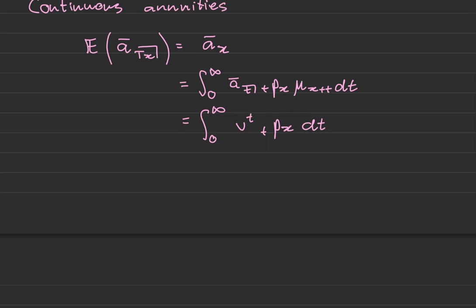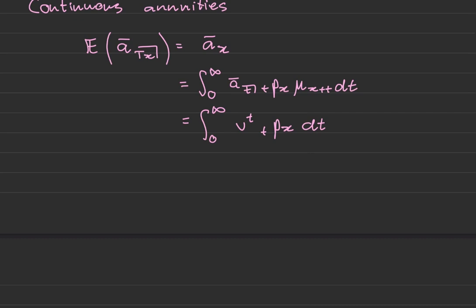Well, at any given point in time, if this life is alive, at any point t between 0 and infinity, if this life is alive, I'll be making a payment to them, and that payment should be discounted by t time periods, where v here is the discounting factor, (1 plus i) to the negative 1. So v to the t, tpx will discount it in terms of probability and time for any given t.